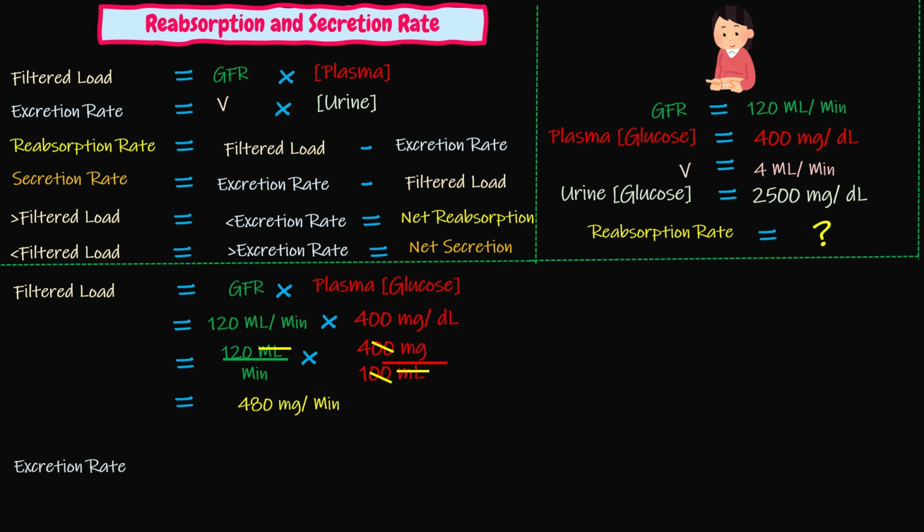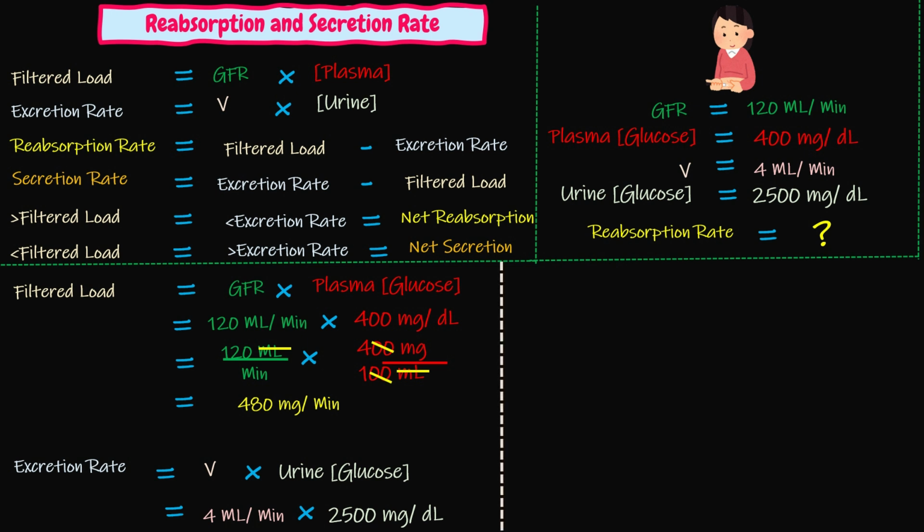Now, excretion is equal to urine flow rate into urine glucose concentration. Putting the values into the equation, urine flow rate is 4 milliliter per minute, and urine glucose concentration is 2500 milligram per deciliter.